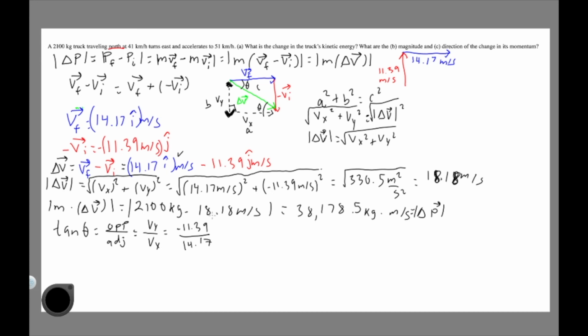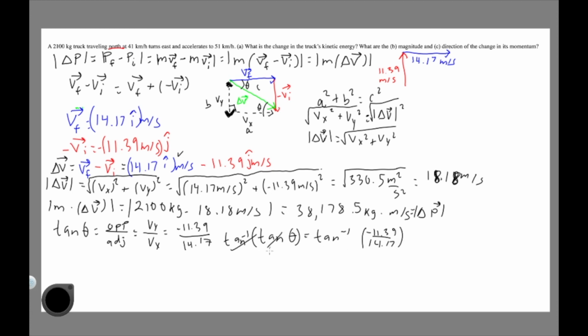So by undoing the tangent function around theta, we should get theta by itself, right?